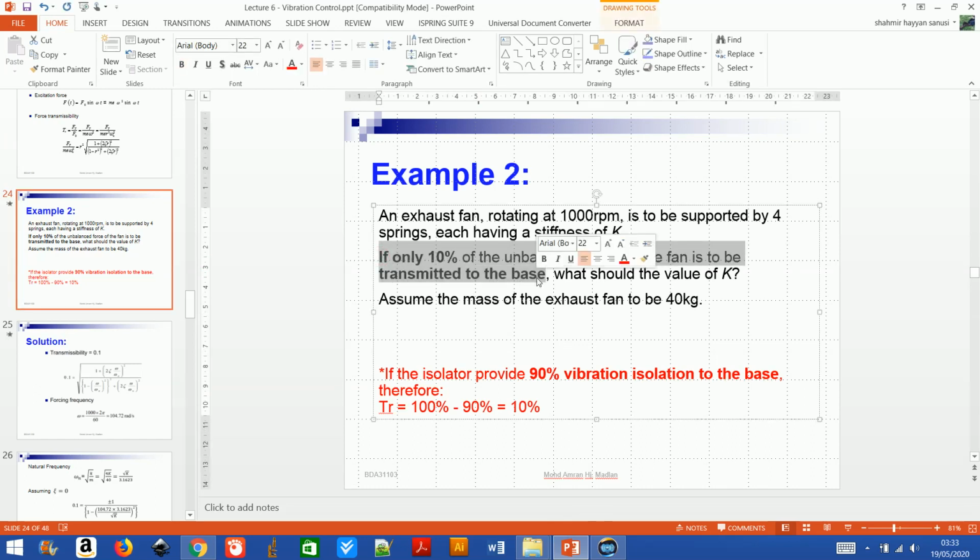This is related to the transmissibility ratio. So the 10% is actually your transmissibility ratio. Sometimes the question plays around with the wording.